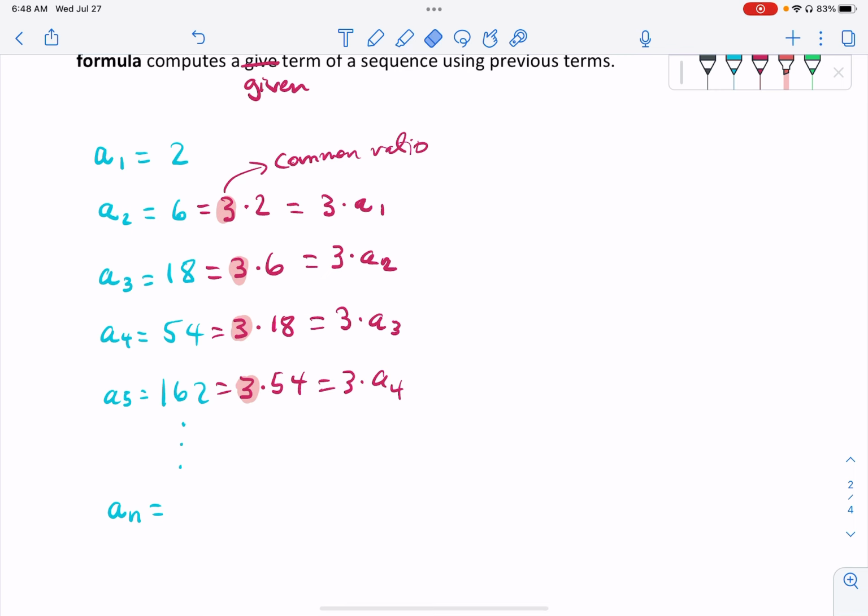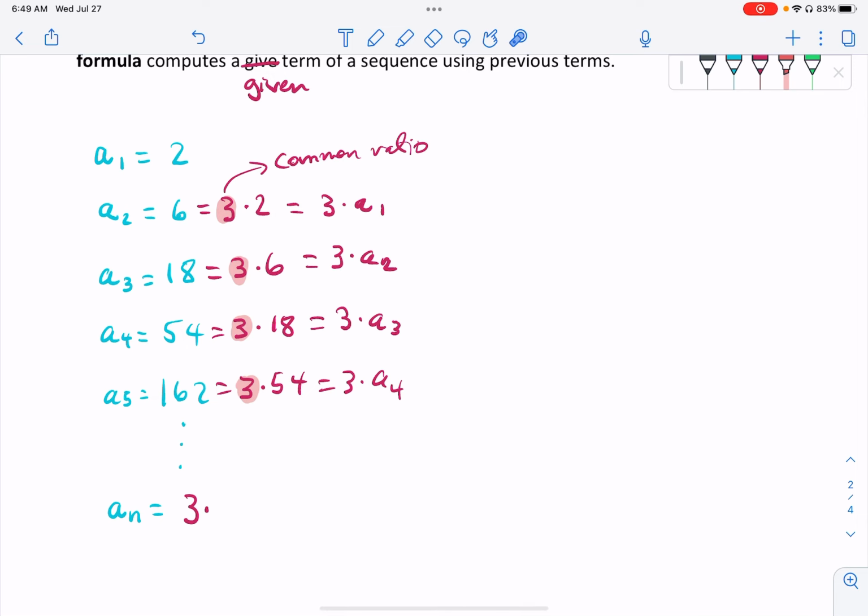So let me erase this little a sub n here, and I'll just write a little formula in general for what we have here. So this one is equal to 3, which is our common ratio, times, and if I wanted to find the second term, I use the first one. If I want to find the third term, I use the second. Fourth uses the third. Fifth uses the fourth.